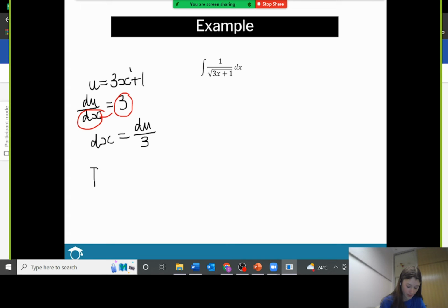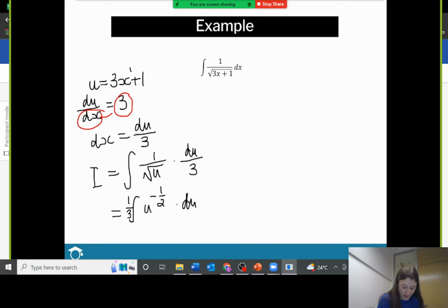So our integral, I, is going to equal 1 on root u du on 3. And we can integrate this pretty easily, because this is the same as u to the power negative a half with a 1/3 out the front, because that is a constant, so we can just take that out the front of the integral.